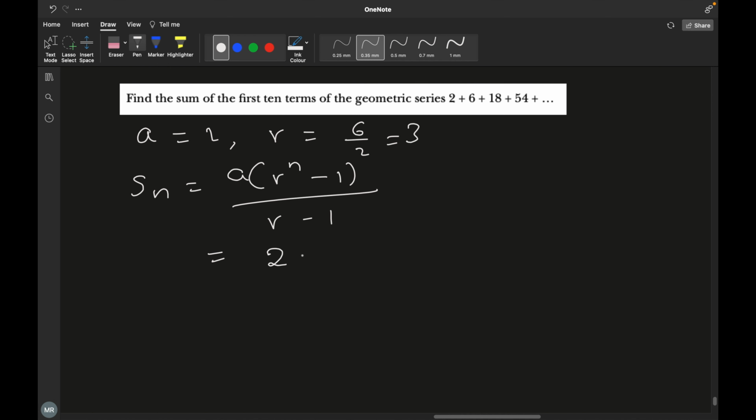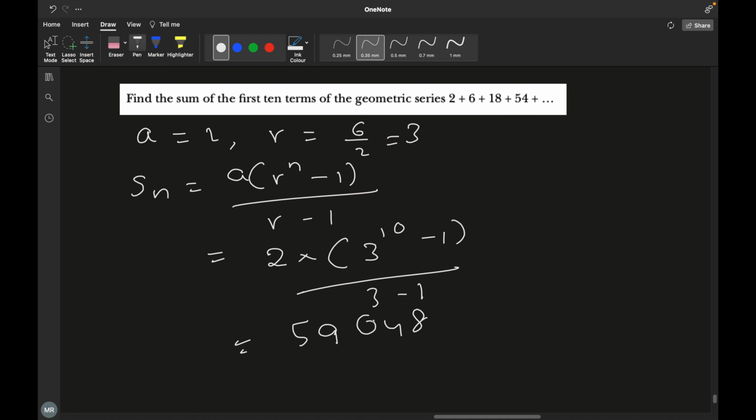A is 2, and r is 3. We have to find the first 10, right? So 3 to the power of 10 minus 1 divided by 3 minus 1. If we solve this, we get 59,048. So this is our final answer.